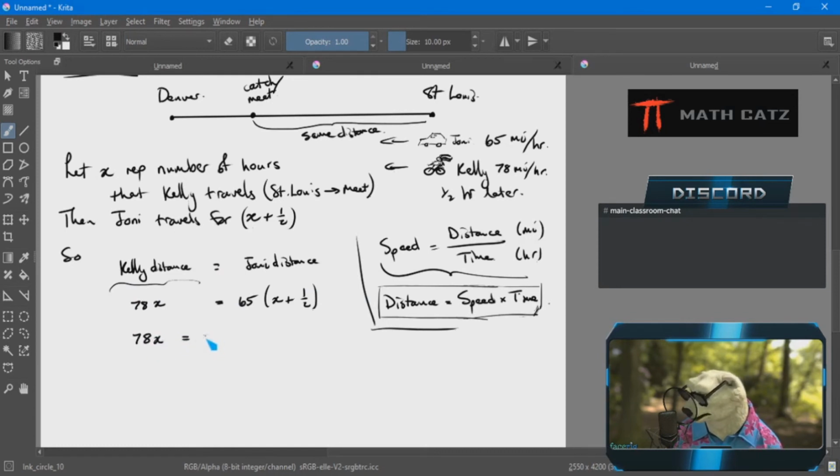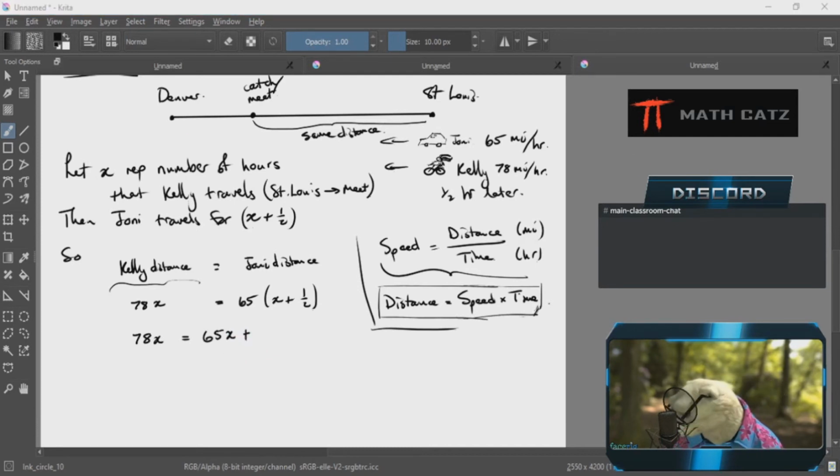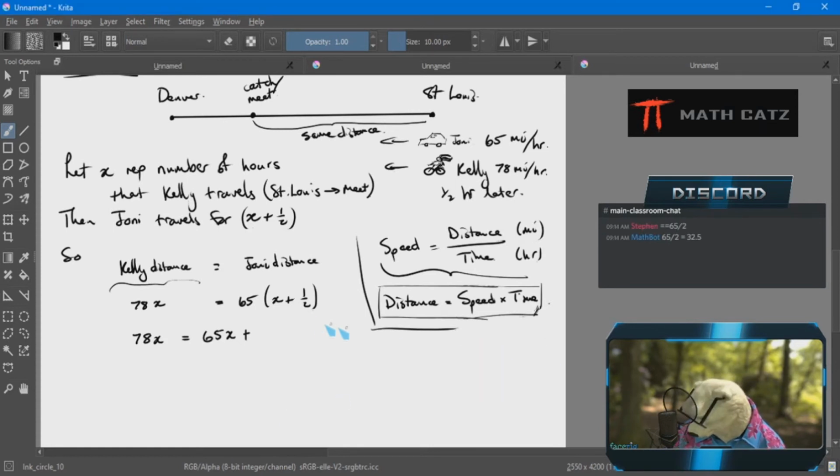Now I'm in my algebra, equation simplification, mathematical language, and I just do what needs to be done. Multiply the 65 in. I'll put some stuff in the chat box because it's been a while and MathBot gets a little lonely. 65 divided by 2 is 32.5.